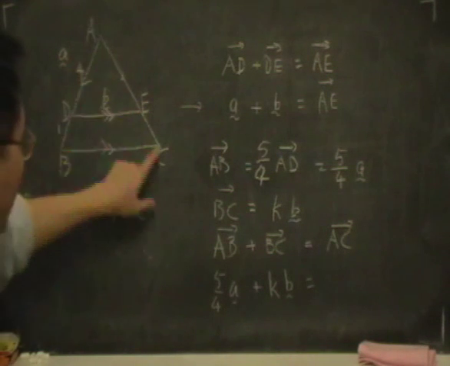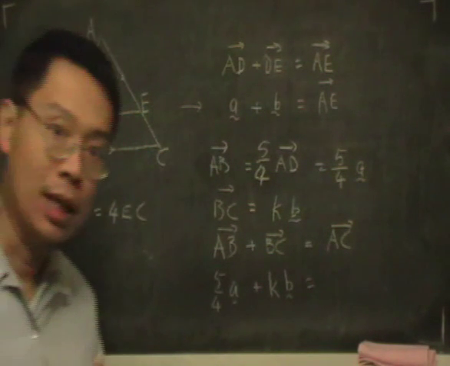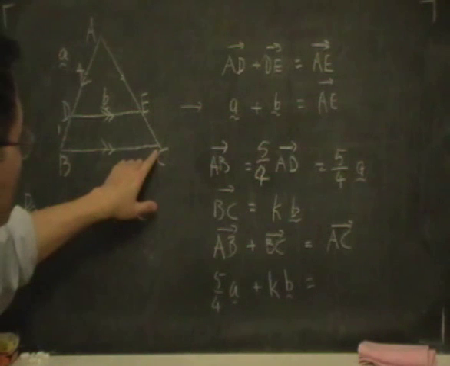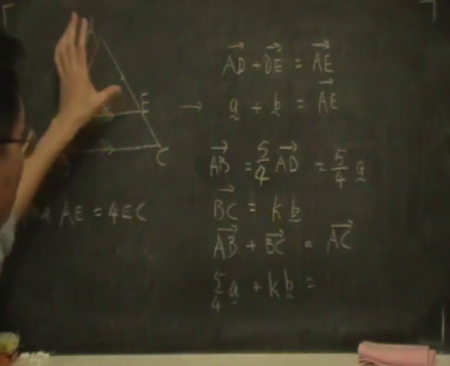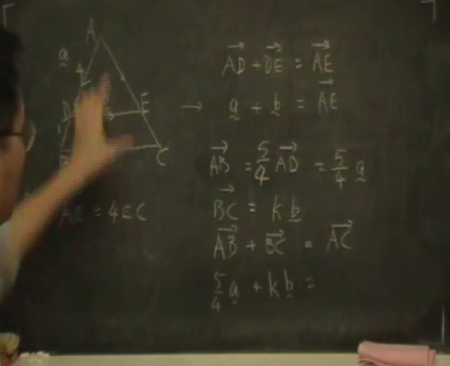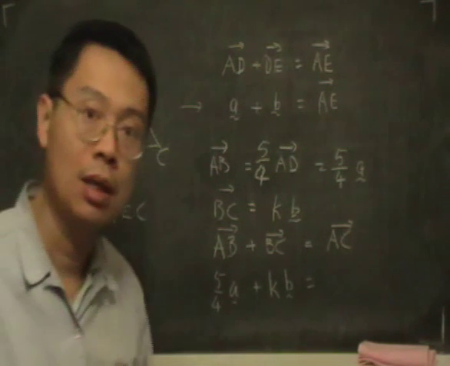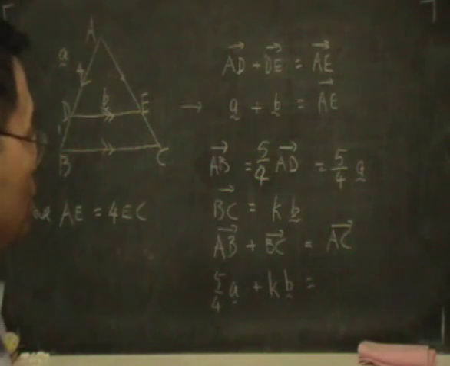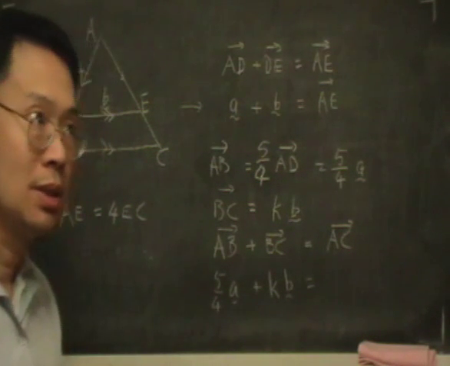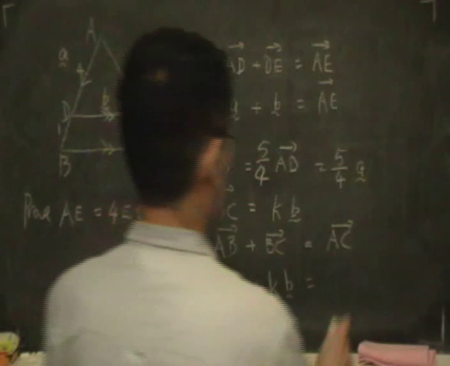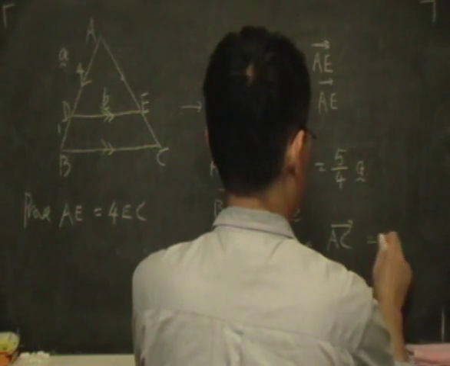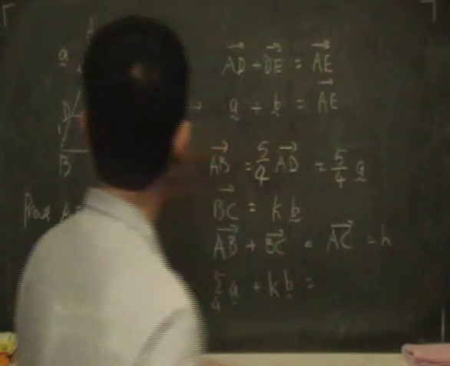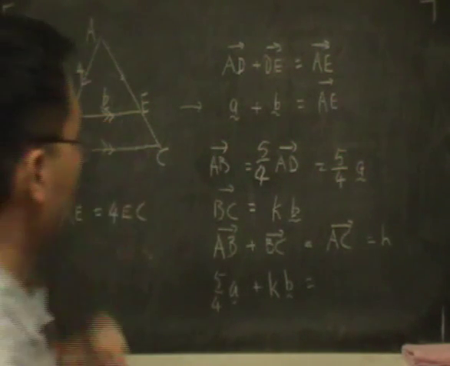Now, if you compare AC and AE, you see that they're actually in the same direction. And this means that AC must be some number, some scalar multiplied by AE. So let that number be, say, H. So I can say that AC must be equal to, say, some number H multiplied by AE.